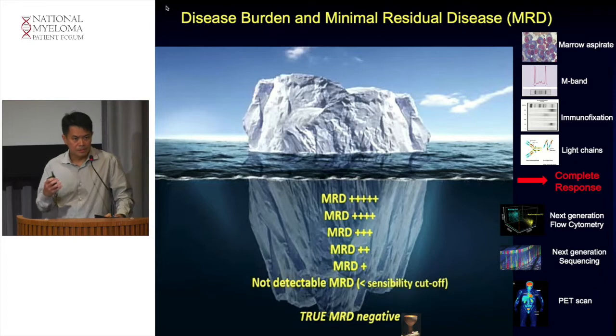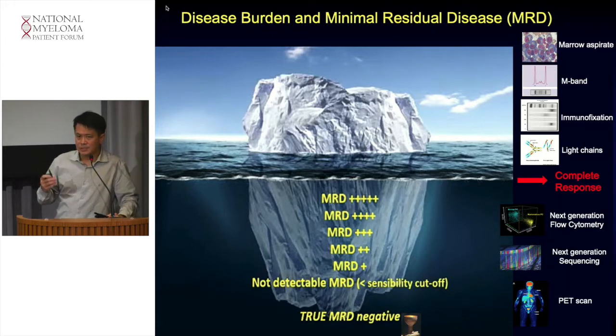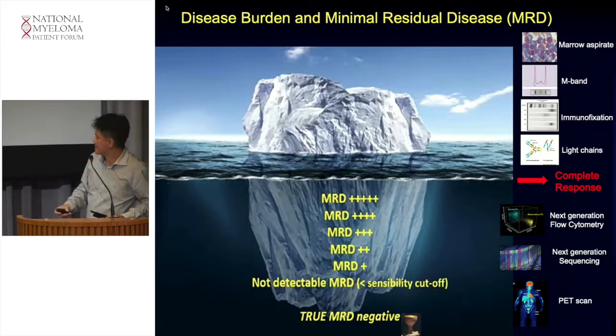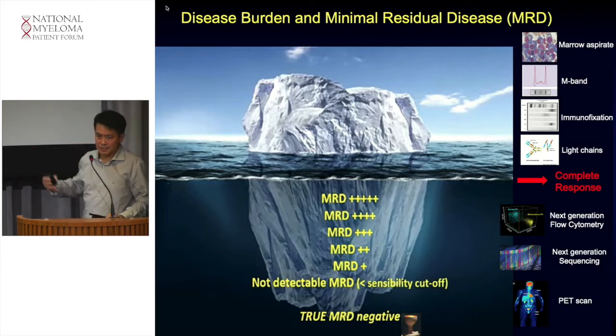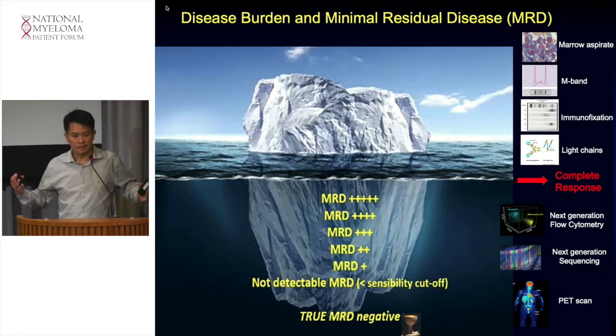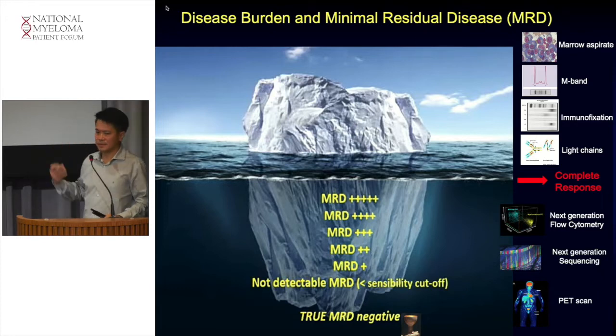In Singapore, next generation flow cytometry is available when you go for bone marrow biopsy. Next generation sequencing is still not available on a commercial basis. These tests are able to help us determine if you have one cancer cell in 20 million cells in the bone marrow, so it's that sensitive. And also right now, we're beginning to appreciate that as myeloma patients are living longer and longer, sometimes the cancer cells are not just hiding in the bone marrow, they can be hiding elsewhere in your body.